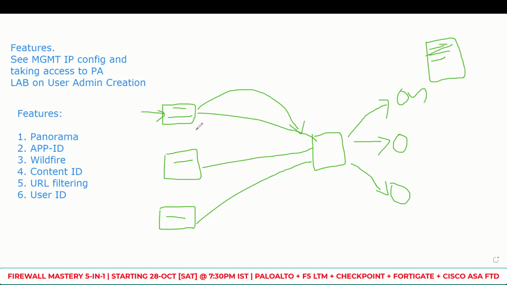There is some configuration you are supposed to do for connecting these firewalls to this Panorama. Once they're connected, you configure something called a device group and something called a template, and you make sure all the configs that are globally necessary for all the firewalls are configured just once here and pushed to the necessary firewalls, and you're good to go.